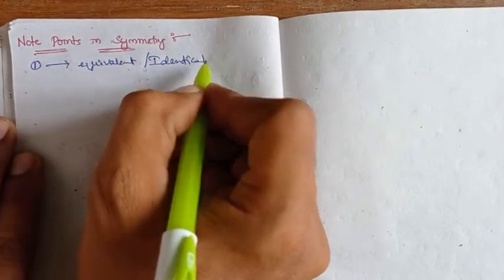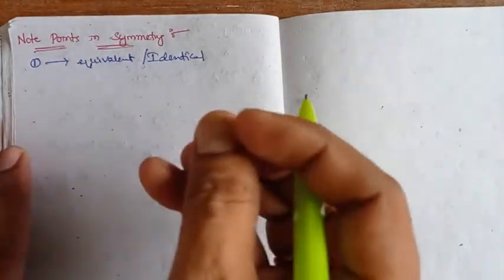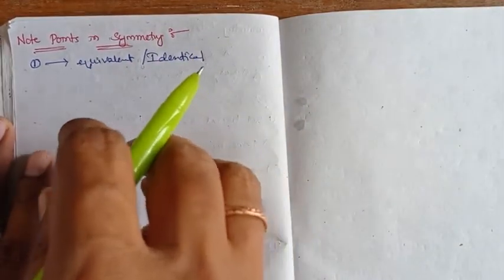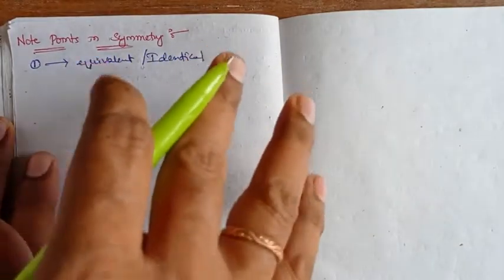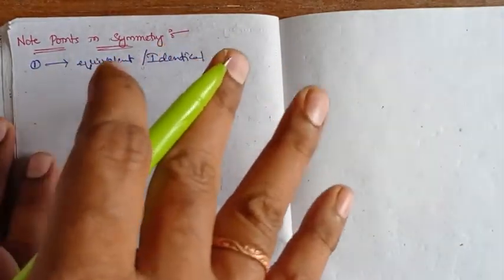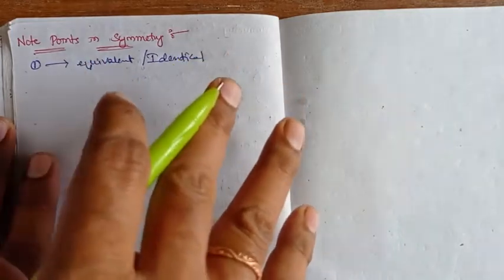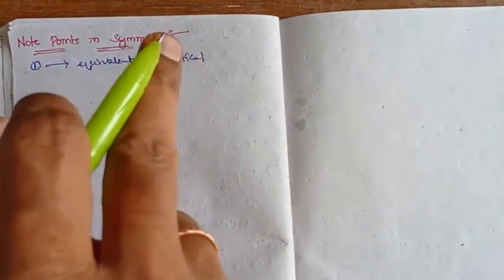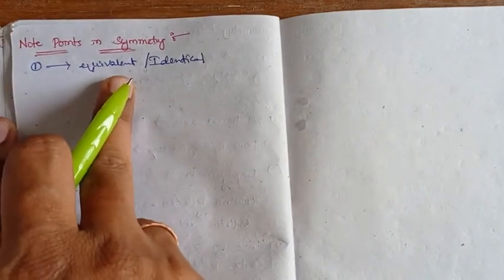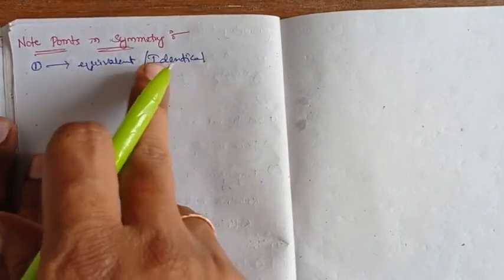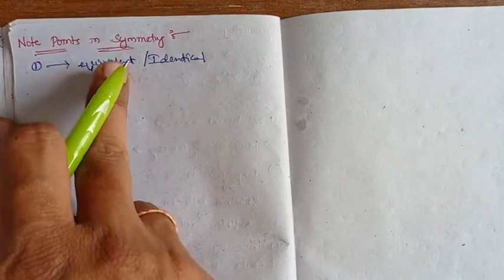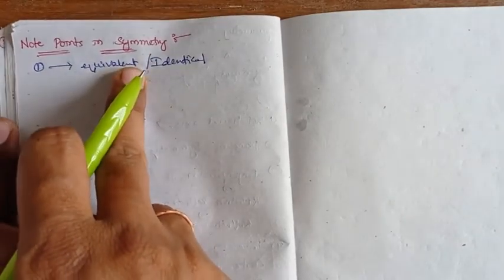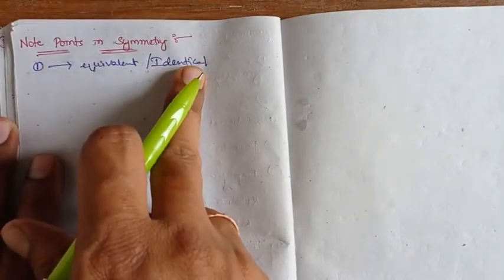What I'm saying is, after a symmetry operation on a molecule, if the atoms are not changing their position, the generated configuration will surely be an identical or equivalent configuration.